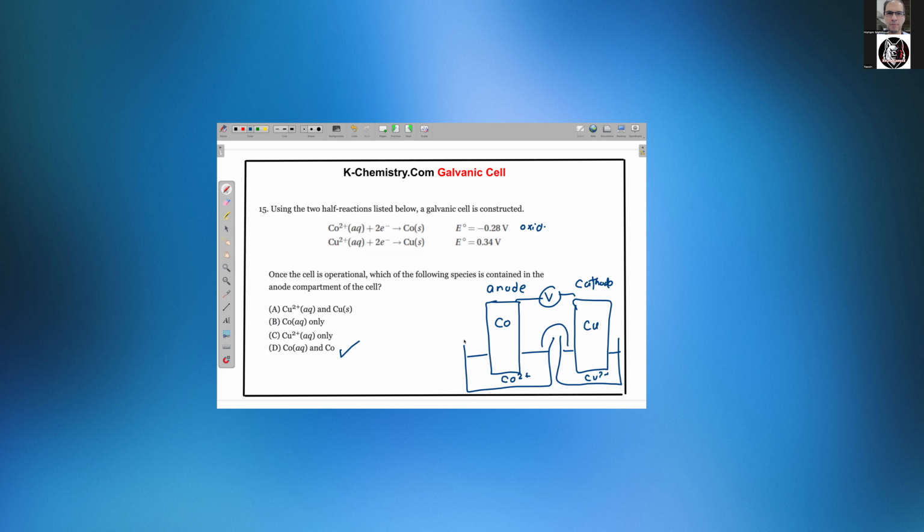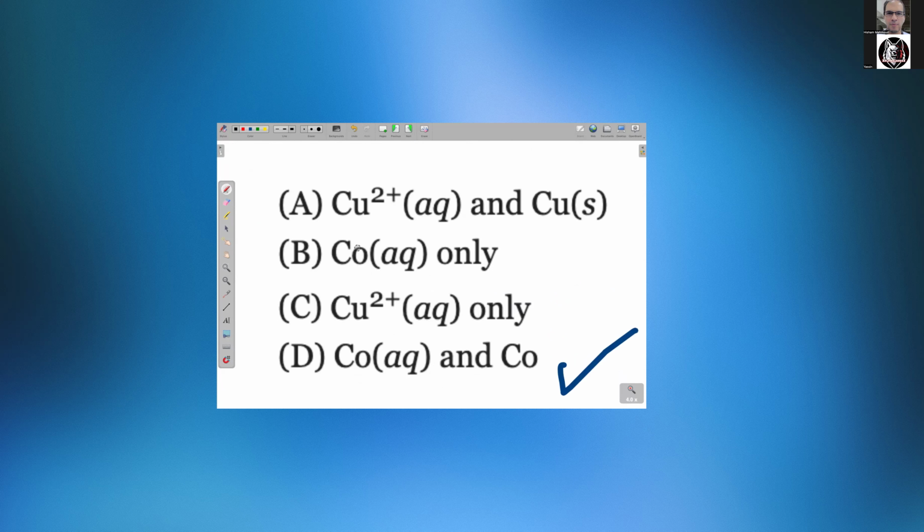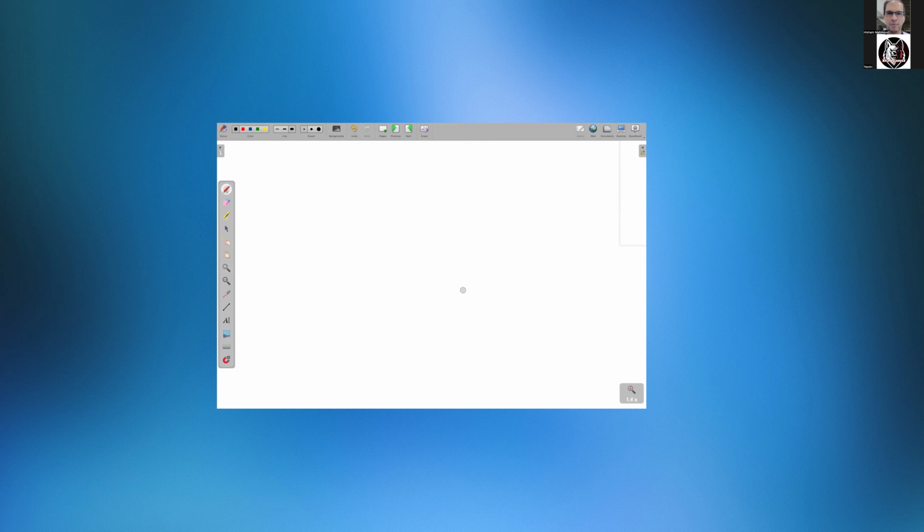I think this is a book error, because they are saying in order to function properly the cell should contain something, and this is a question that they have shown in the answer. Can you see? That's nothing related to the question, and still there are no ions. So this is a mistake in the book. Let's correct it for them. So I'll just say 2 plus here. We know better.